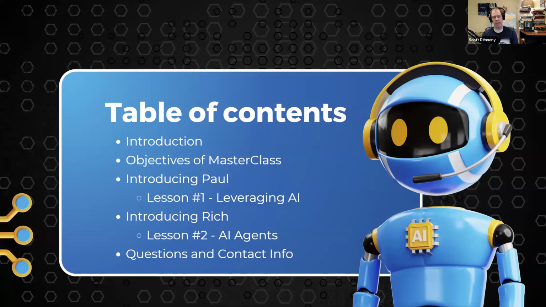Frankly, we're really lucky to have them as part of the Constellation team, and really lucky to have them joining us here today, because my knowledge on AI is very limited. But with Paul and Rich, it's a totally different ball game. So I'm going to introduce both of them.